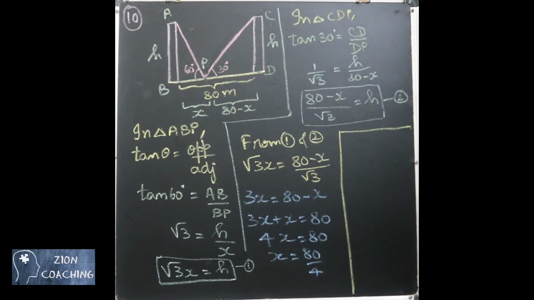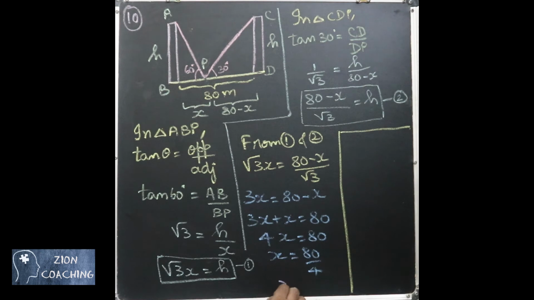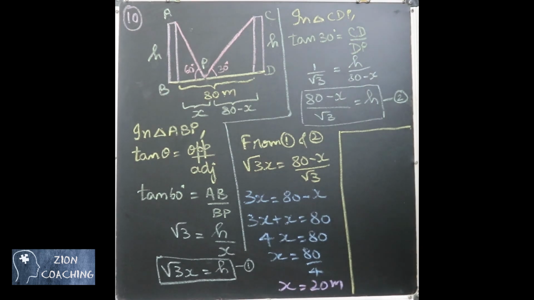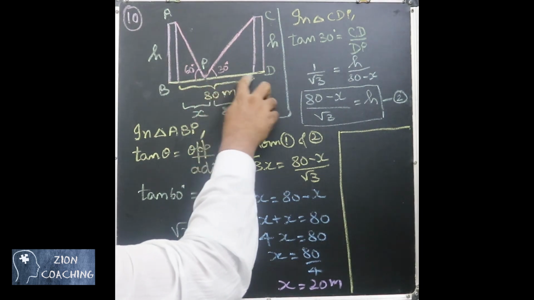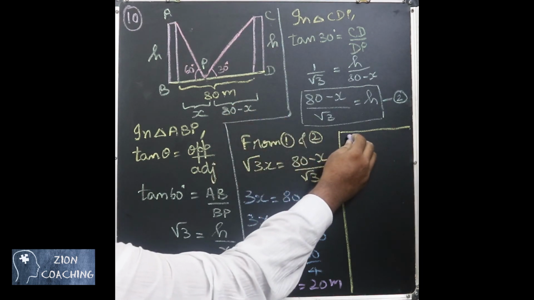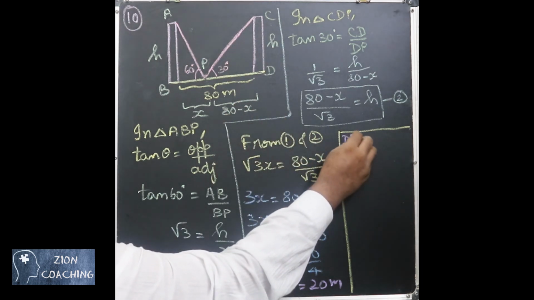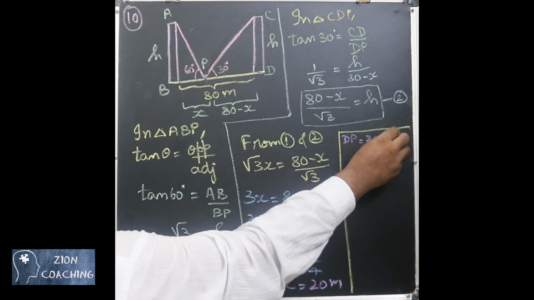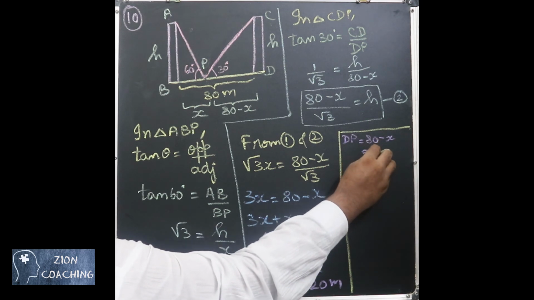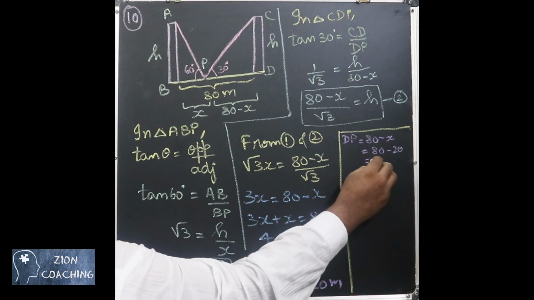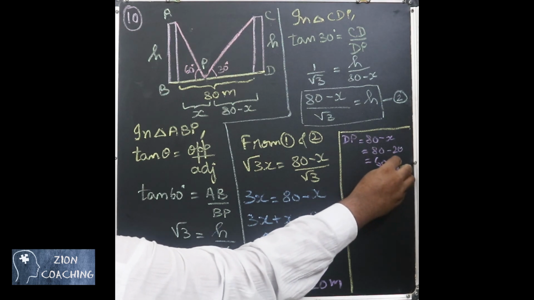Now we have found that x is equal to 20 meter. The remaining distance DP is 80 minus x, that is 80 minus 20, equal to 60 meter.